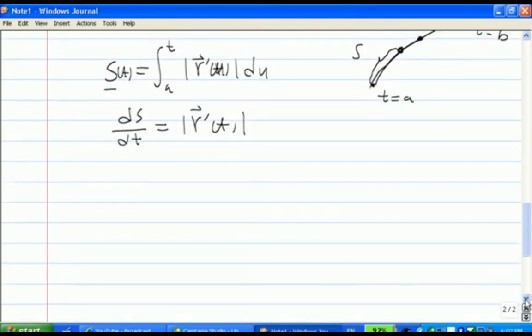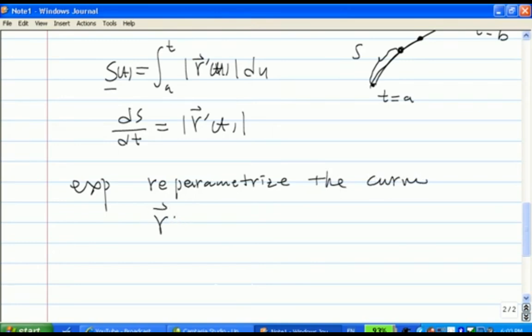Now let's look at an example. In this example, we want to parameterize the curve. I give you a vector function, which means I give you a curve.